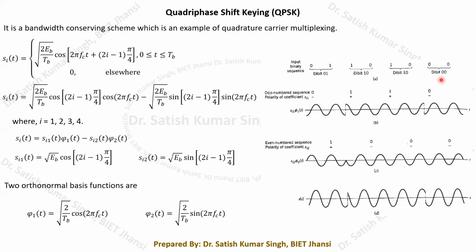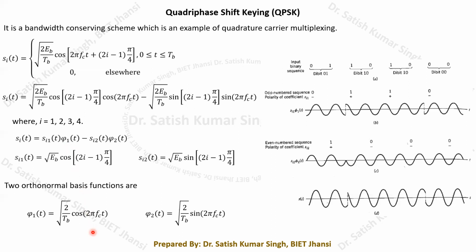Based on this, first we have to get this particular signal, si1 phi 1(t). This is our first signal, and we have to plot this waveform first. Here si1 is multiplied with the basis function phi 1(t), which is a cosine function.